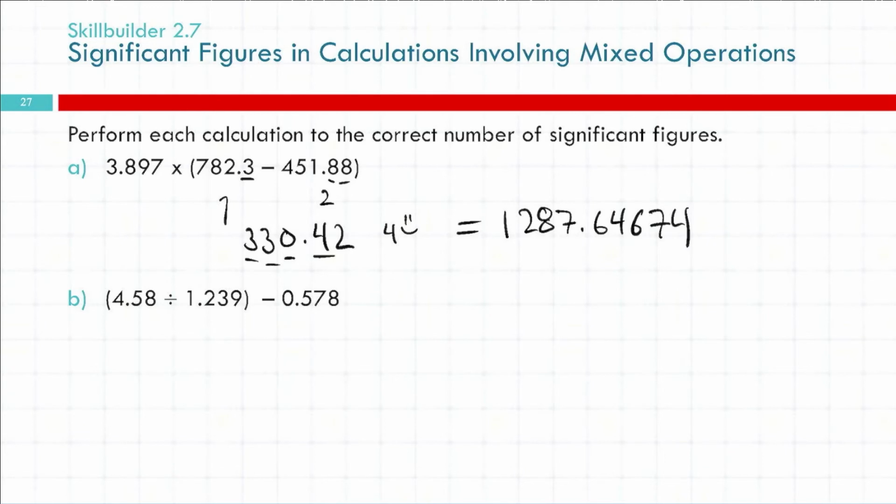So our intermediate step had 4 sig figs, and we're multiplying it by this 3.897, and that has, again, all non-zero numbers are significant, 4 sig figs. So both of them have 4 sig figs, so our final answer should have 4 sig figs. Our final answer will be 128, and then because the 7 is our last digit, we're going to round based on the next digit. So this will be an 8.